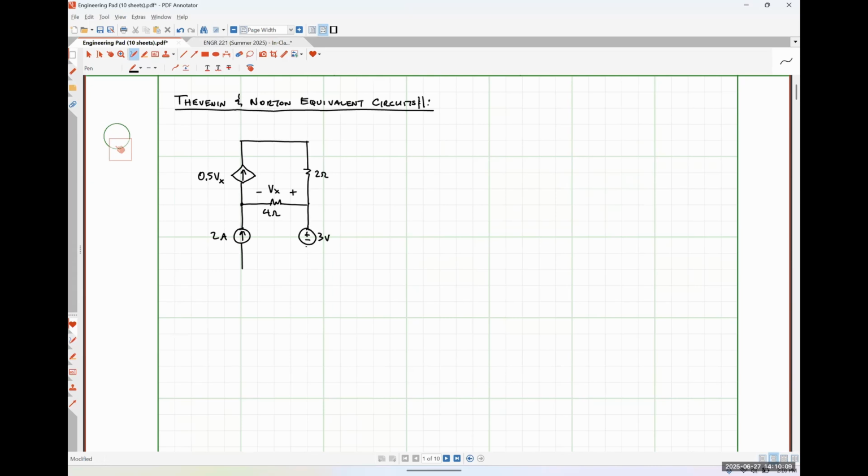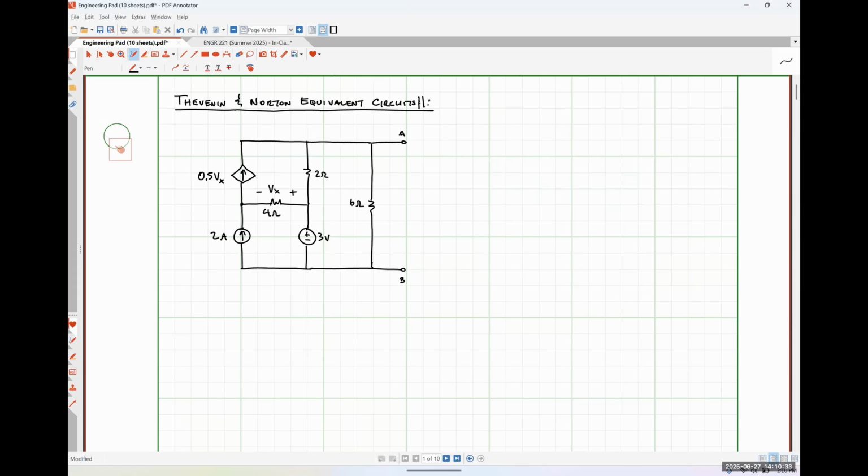This is going to be a 3 volt source. This is going to be a 6 ohm resistor. This will be terminal B. This will be terminal A.